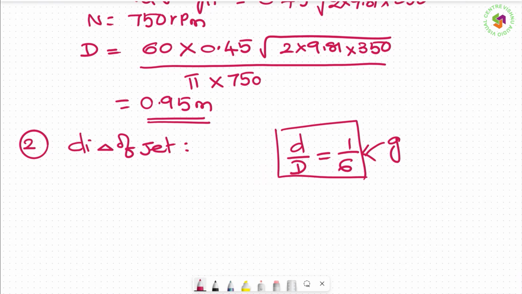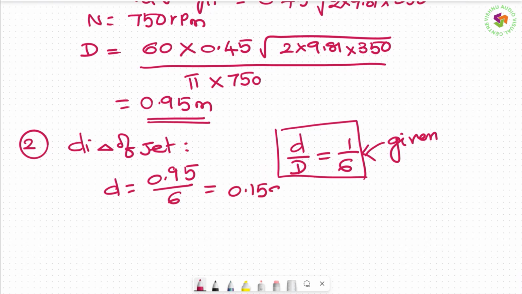Therefore small d is equal to 0.95 divided by 6, so it is 0.158 meters. Then the third one, everything is given.